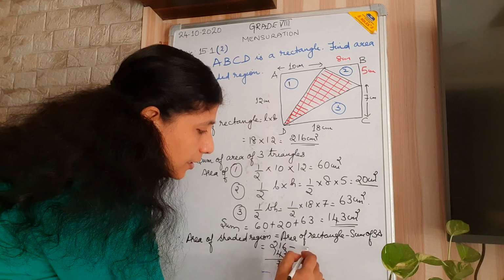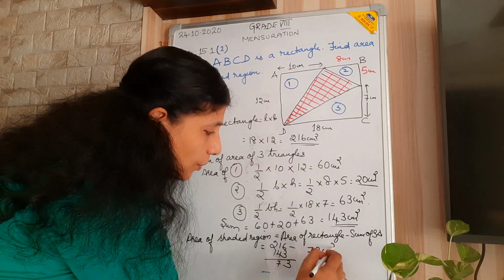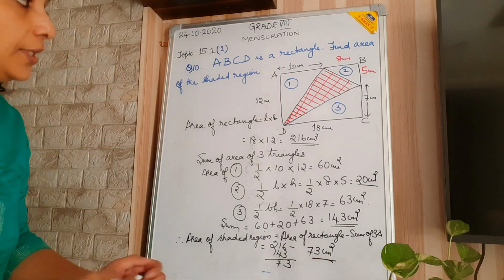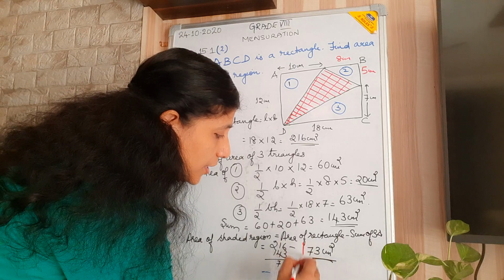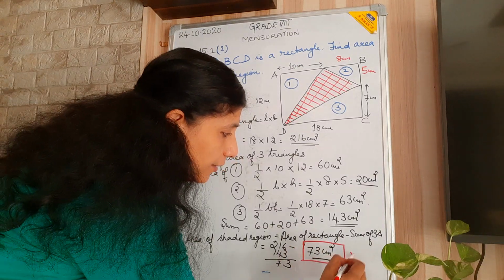So it is 73. So 73 centimeters square is the area of the shaded portion. The shaded portion, it is in red. So this is the area of the shaded region.